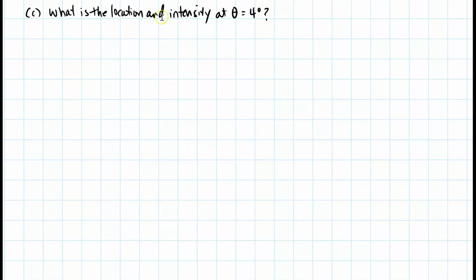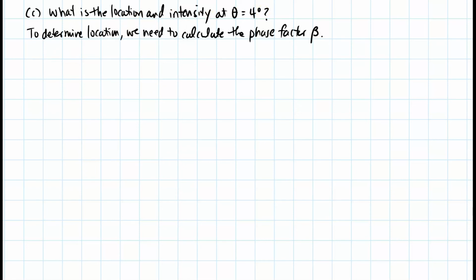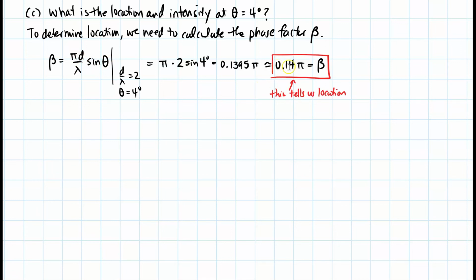C. What is the location and intensity at theta equal to 4 degrees? To determine the location, we need to calculate the phase factor beta. So what I do here is I don't compute the value of pi, but I plug in the values for d, lambda, and sine of theta. When you compute that, you get 0.14 pi for beta.